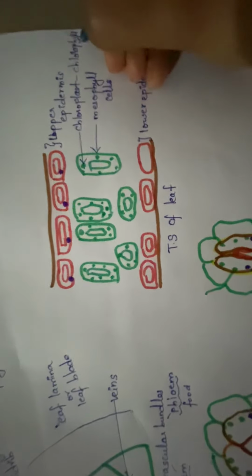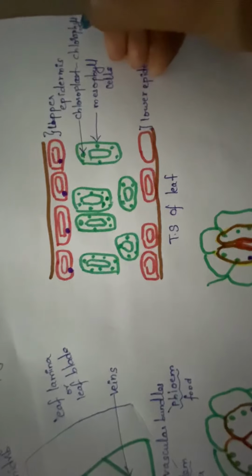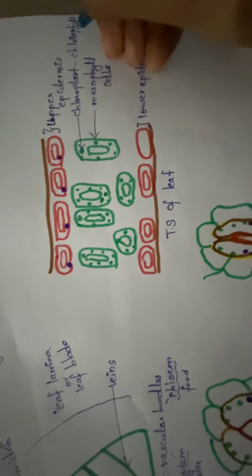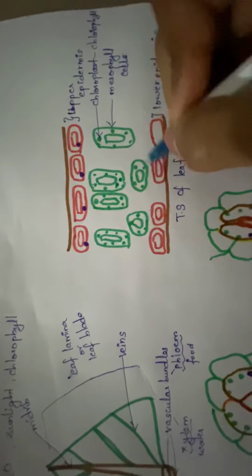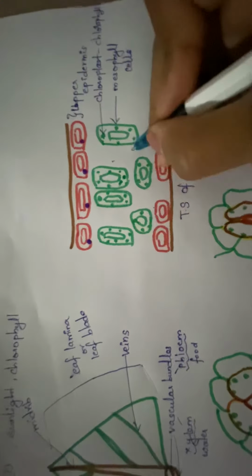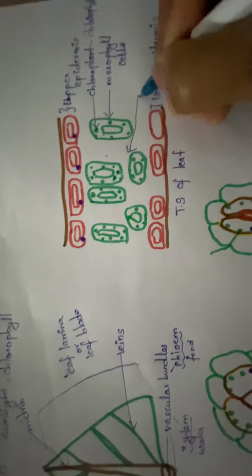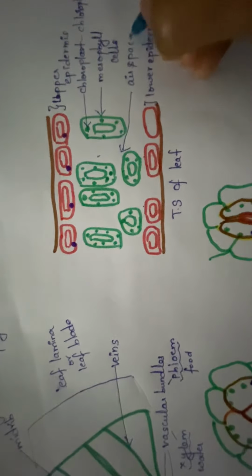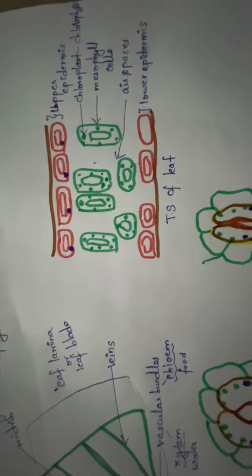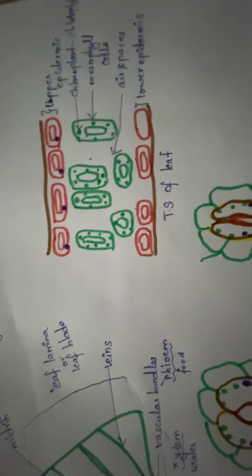One, for trapping sunlight, and number two, it is also responsible for giving green color to the leaf. Now you can see there are some spaces in between these. These are the air spaces. Why are these air spaces present? These air spaces are present for exchange of gases.